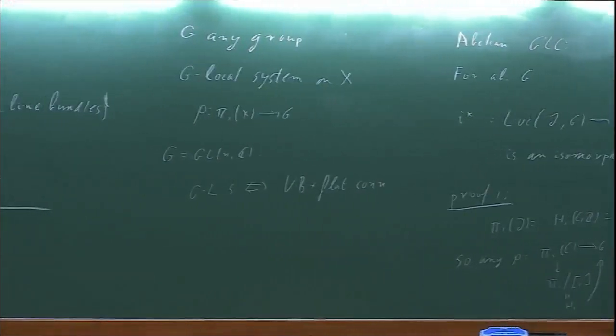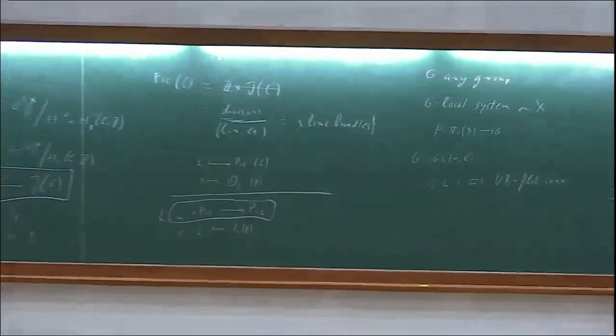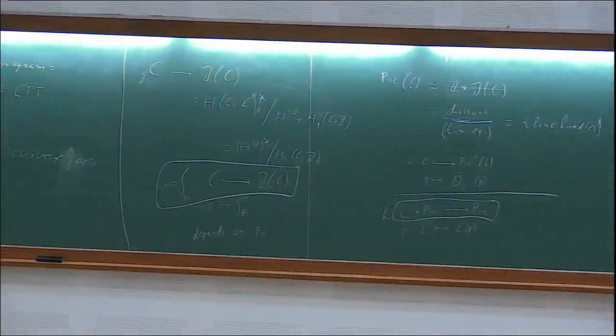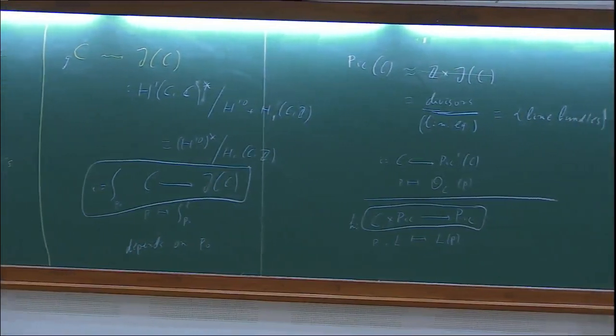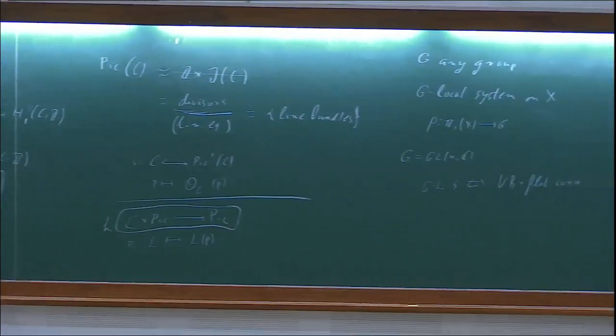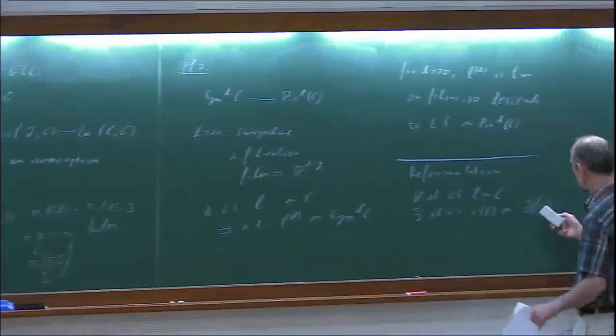So for every abelian local system L on C, there exists another abelian local system, let's call it C of L, on the Jacobian, or sorry, on the Picard.